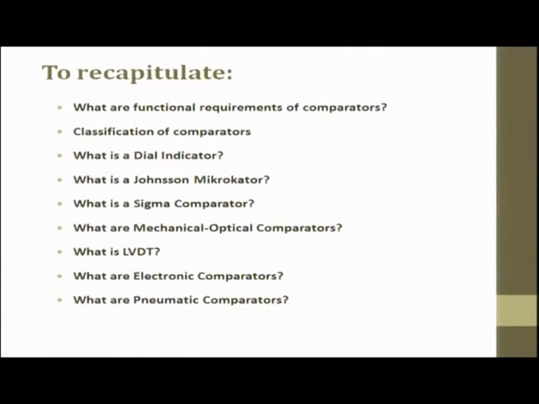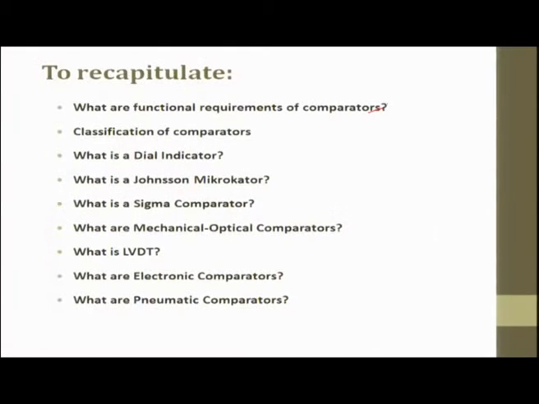So, to recap what we saw in this chapter, wherein we studied comparators. We first saw the functional requirements for a comparator, then we saw classification of comparators.